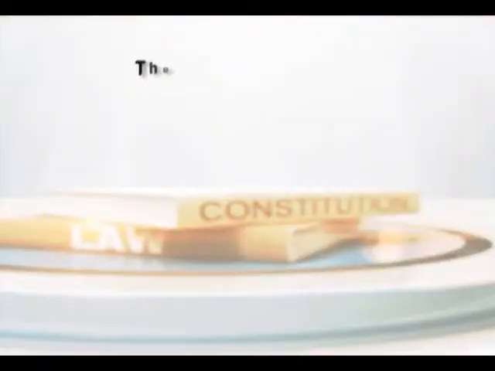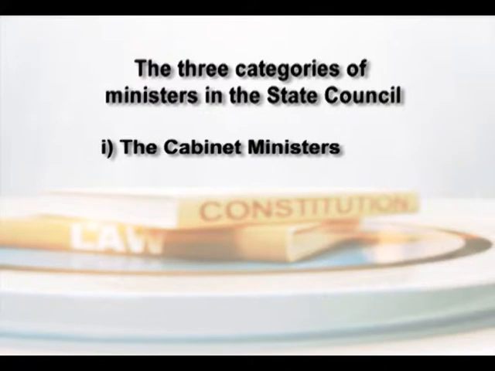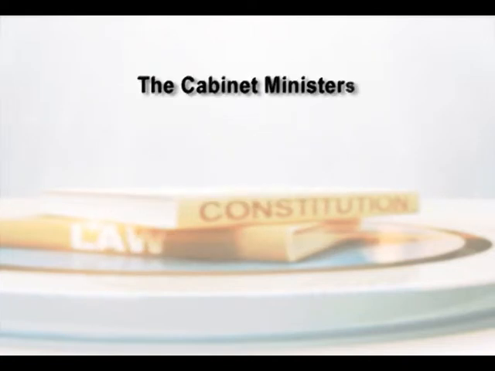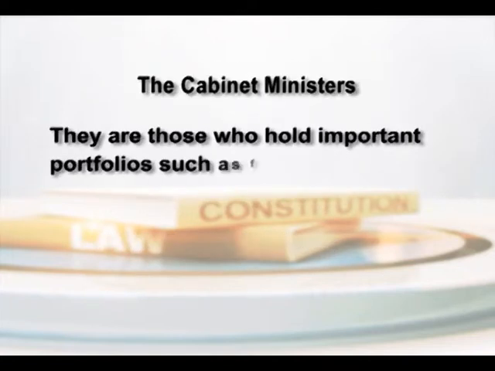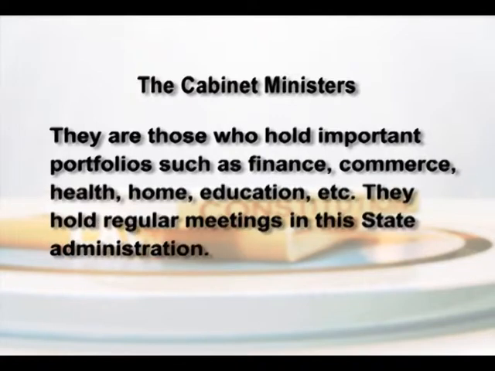Just like the Union government, even in the state administration, the Council of Ministers can be divided into 3 main categories. They are namely the cabinet ministers, the ministers of state, and the deputy ministers. The cabinet ministers are those who hold important portfolios like finance, commerce, health, home, and even education, and so on.